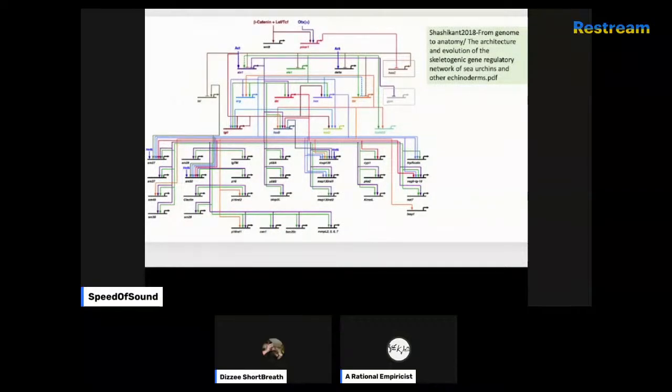We're doing okay. Okay. So anyway, starting at the very top, there's beta-catenin and left TCF and OTX that come from the mother, basically. So beta-catenin turns on Wnt8, and then Wnt8 is transcribed. If you look at the top, an arrow pointing down to something means it turns it on.